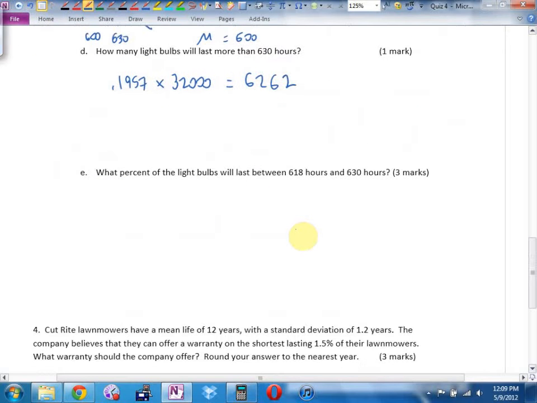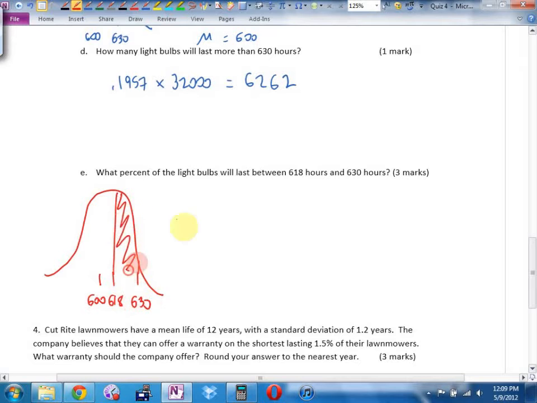What percent will last between 618 and 630 hours? Okay. There's 600. There's 618. There's 630. And it looks like we're looking for that area there. So my lower value is going to be 618. My upper value is going to be 630. Standard deviation was 35.